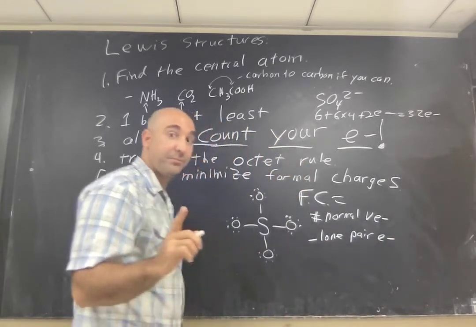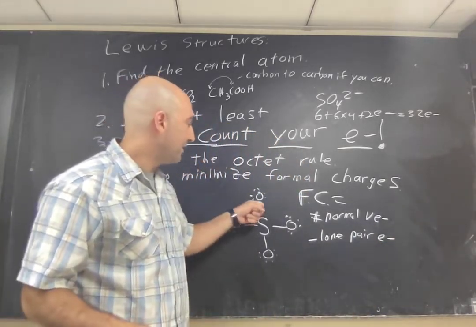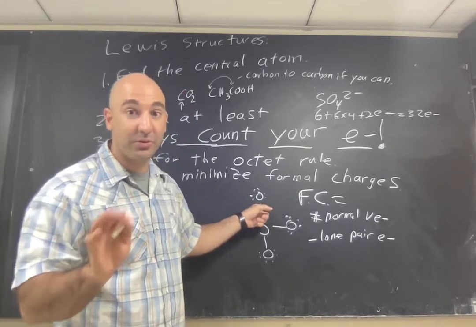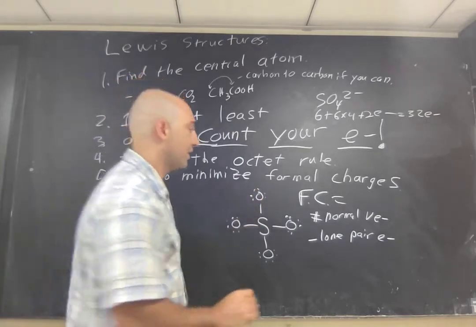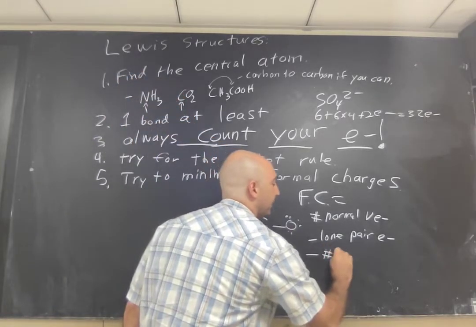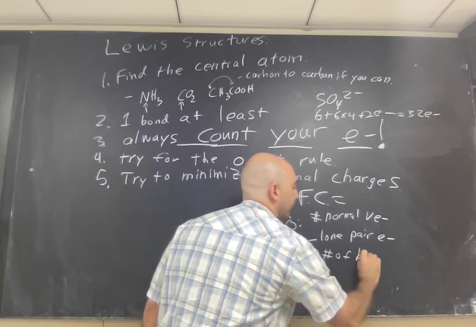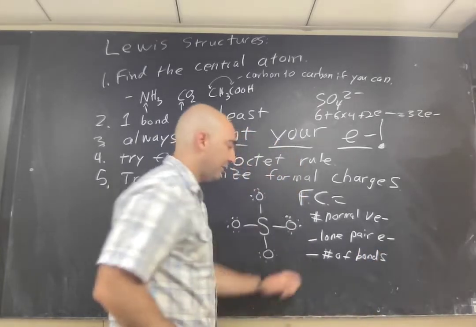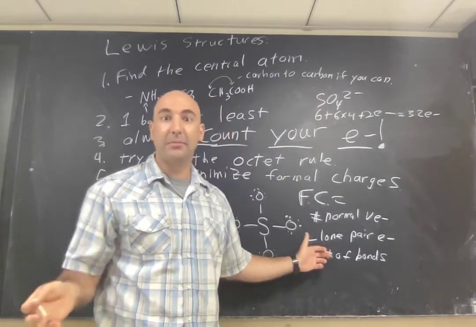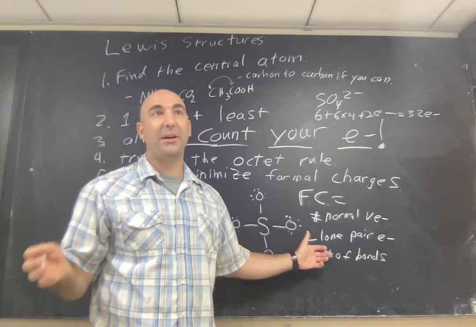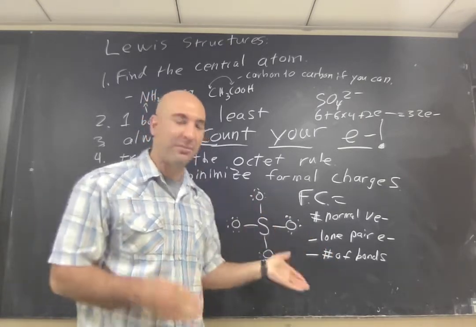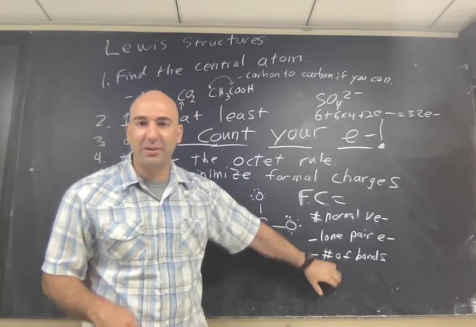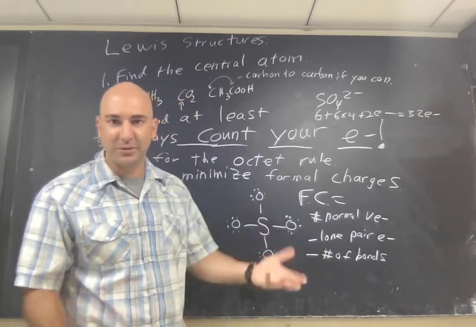And then, this is where your bond comes in. So half of these electrons, and this is not true in redox, this is only true in Lewis structures, for formal charges, belong to this oxygen, minus number of bonds. And sometimes you'll see this written as minus the number of electrons in a bond times 1/2, because half the bond belongs. I just do number of bonds because it's the same calculation, it's easier to think about, okay?